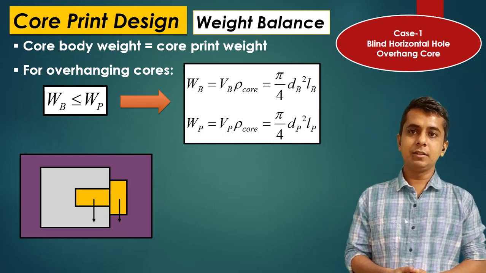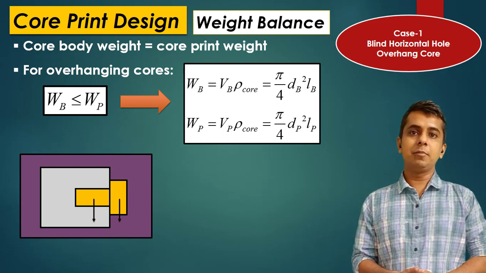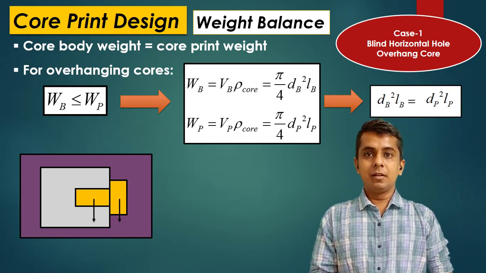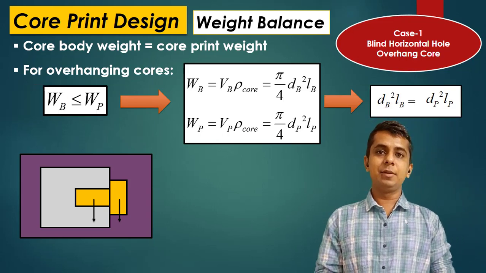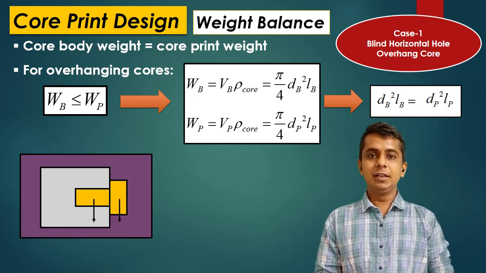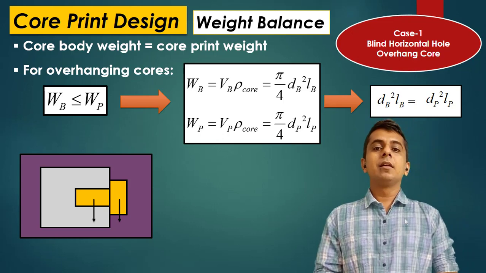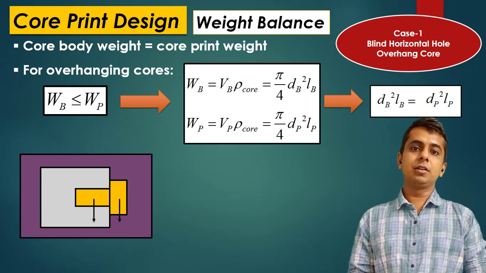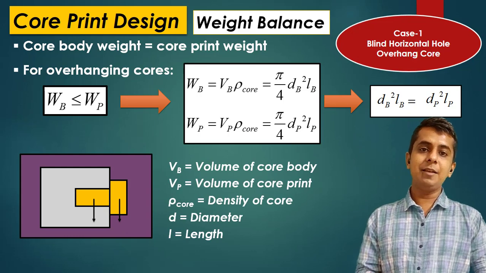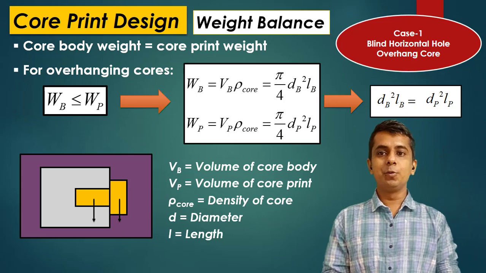By equating these weight equations, you can determine the relation dB square LB is equal to dP square LP, where dB and LB indicate the diameter and length of the core body, whereas dP and LP represent the diameter and length of the core print.